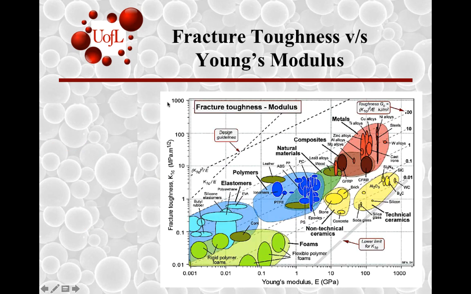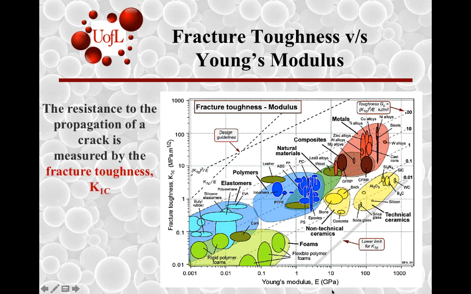In designs, a property chart consisting of fracture toughness plotted against Young's modulus is also quite useful. So the resistance to catastrophic failure, the resistance to the propagation of a crack, that is what is measured by fracture toughness. And so typically metals are always the major standard for being able to do that.